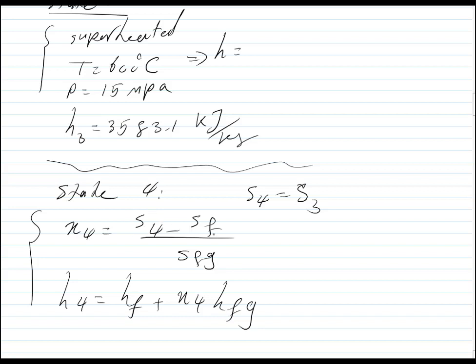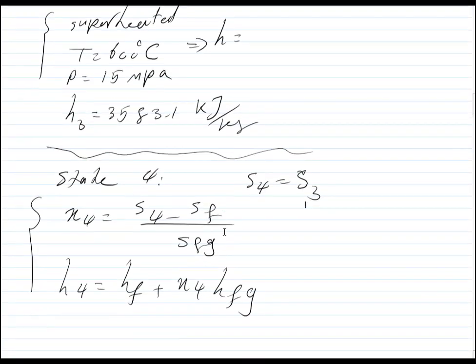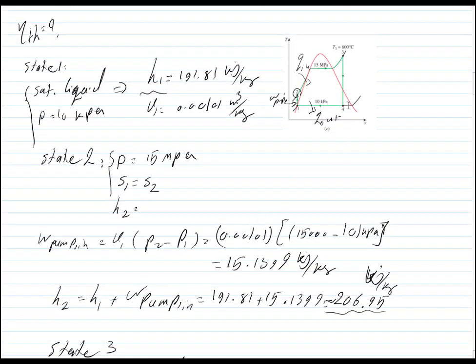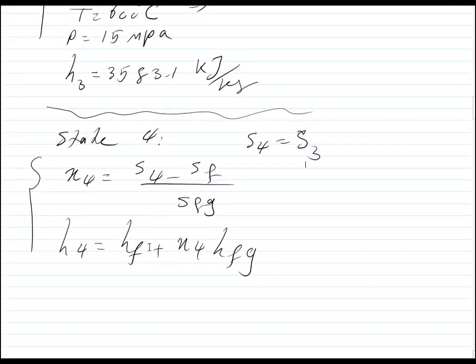What about the SF and SFG? If you notice for X for state 4, what we have here for state 4 is its pressure, which is 10 kilopascal, and we know it is in the saturated water or mixture area.